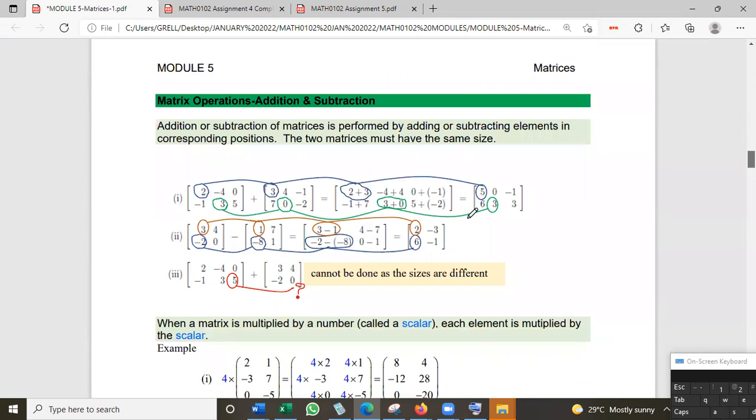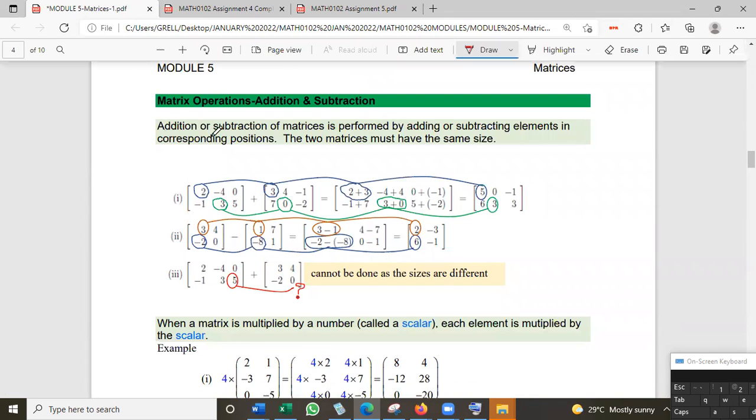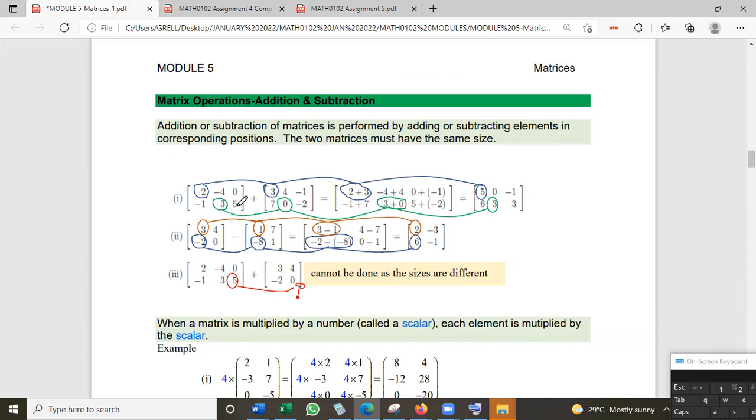So it says addition or subtraction of matrices is performed by adding or subtracting elements in corresponding positions. The two matrices must have the same size. So you can only add a 2 by 2 to a 2 by 2. You can only add a 3 by 1 to a 3 by 1. Okay, and you have to add and subtract corresponding elements in the same position.